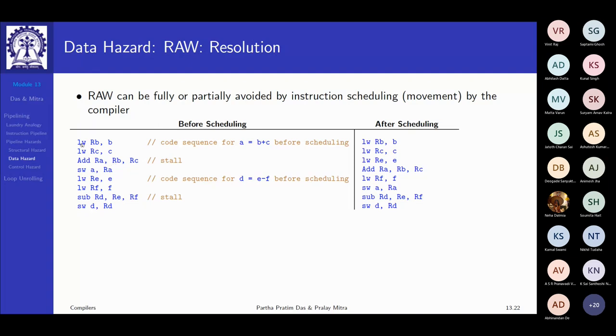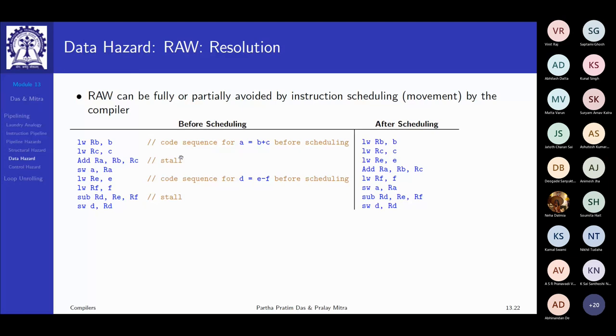But in the fourth cycle, it is in the mem cycle, so it has just read the value from memory, but has not written it to the register. So you cannot get that, so it has to stall. Even in the fifth cycle, it cannot proceed because loading of C into RC is still in the fourth stage, so it has not written back. It has to stall again. So you have to compute the number of stalls. Here you need 2 stalls.